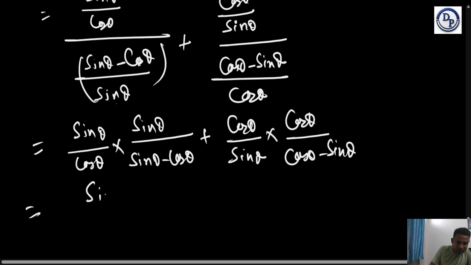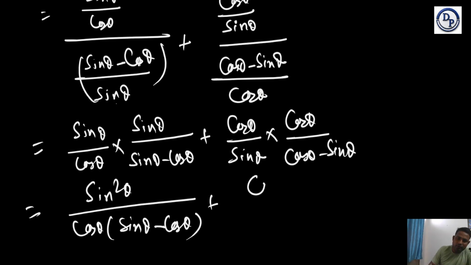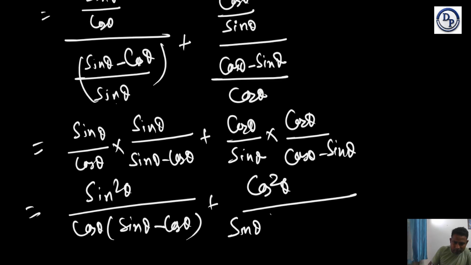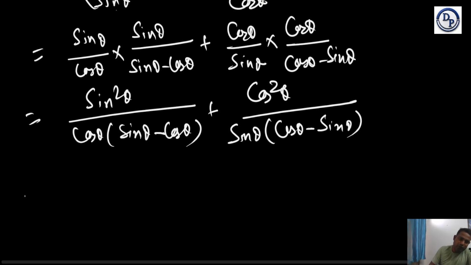We'll get sin square theta divided by cos theta, and this is sin theta minus cos theta. Again we multiply here. We'll get cos square theta, and this is sin theta times cos theta minus sin theta. Now stop here and find some way to go ahead.